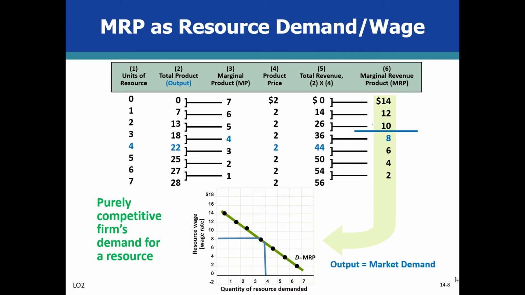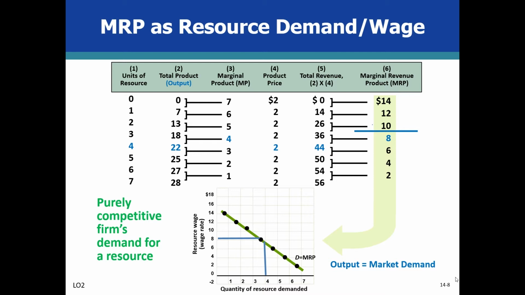So we're just adding labor here as the incremental input. Column 3 is the marginal product, or the incremental output that can be made with each resource addition. As we can see here, the first resource has a marginal product of 7. You add 1, the second one has a marginal product of 6, and so on a decreasing scale.